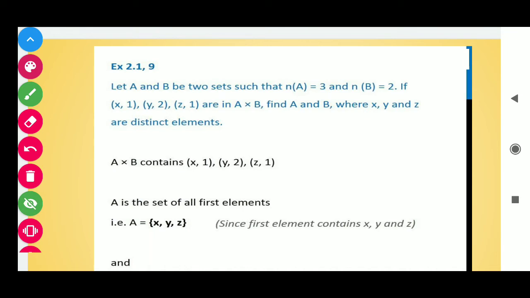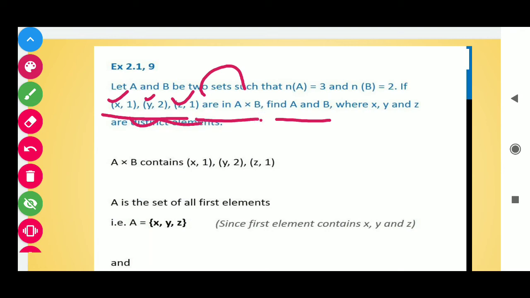If (x,1), (y,2), (z,1) are in A cross B, find the sets A and B. Students, we just did a similar question, where you have to find sets A and B and the Cartesian product is given. So the first element belongs to the first set A and the second element belongs to the second set B. So we can say that x, y, z belong to A, and 1 and 2 belong to B. So students, in this way we get the answer.